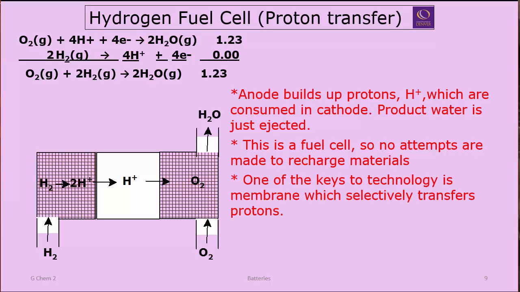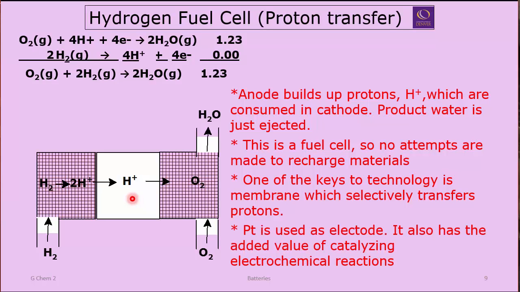One of the keys to this technology is the fact that you are transferring the protons, and this is a proton selective membrane. We've already developed that for pH probes, and it's easy enough to think about when you consider the size of a proton. It's one of the smallest particles, in essence consisting of just a proton, so physically it's easy to make a pore that's size selective for protons.